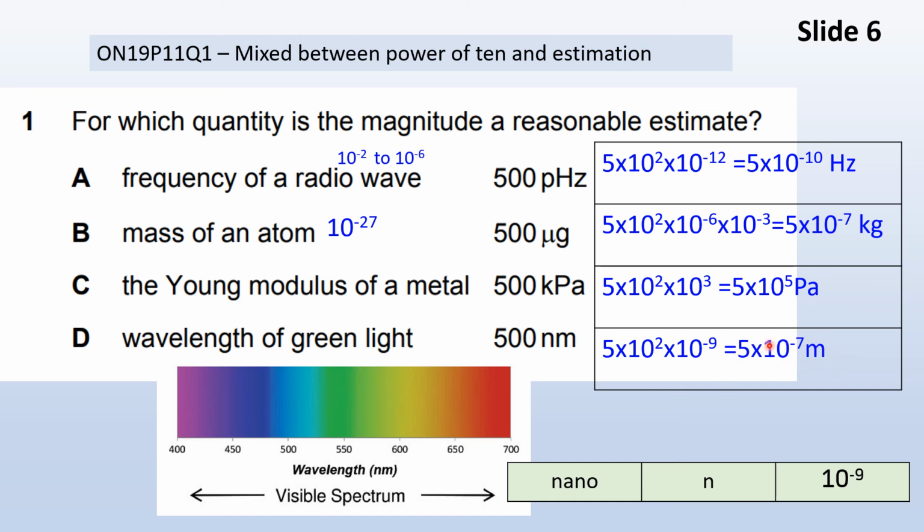Even though this doesn't correspond to the value of the light spectrum, you are required to memorize the wavelength from the visible light spectrum, from red to violet, or from violet to red if it is easier for you: from 400 nanometers to a maximum of 700 nanometers. So the correct answer is D.